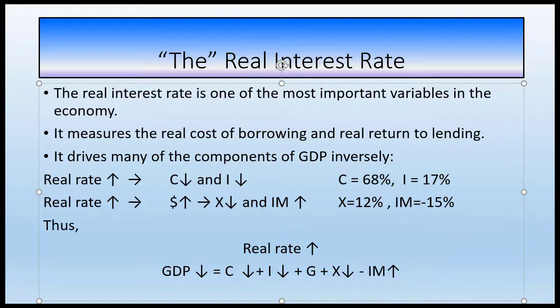But consumption and investment is really important because it's much bigger. Therefore, we can summarize the effect on GDP of an increase in real rates. GDP will decline, consumption will decline, investment will decline, exports will fall, imports, which have a negative sign in front of them, go up. And so you see, it's unambiguous, GDP falls.